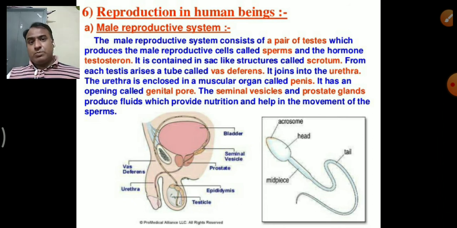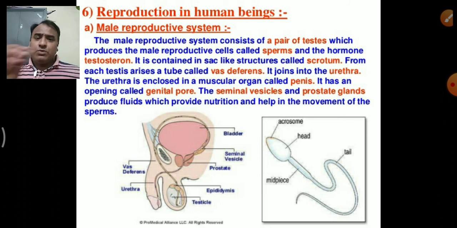So to prevent this neutralization reaction, the seminal vesicle and prostate gland add mucus or watery, alkaline secretion to the sperm to make the environment more basic, so that the sperm remain protected from the action of vaginal secretion.